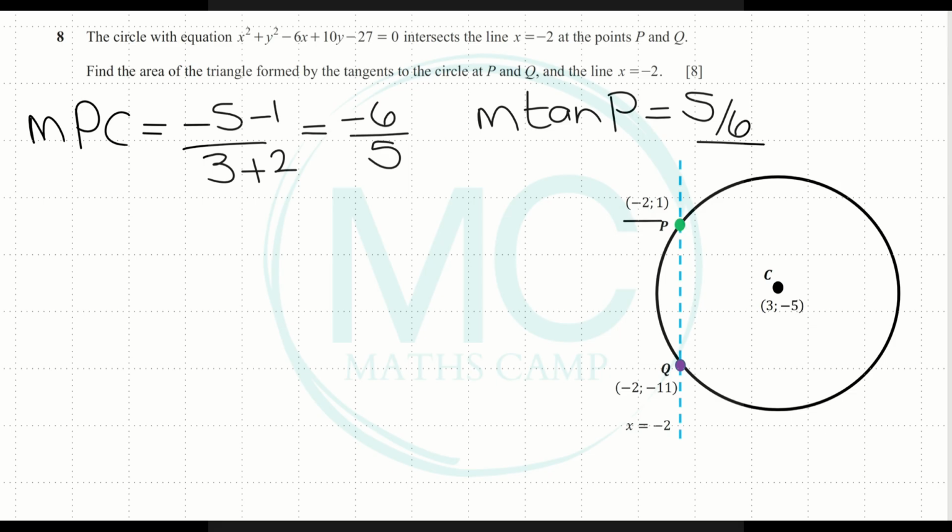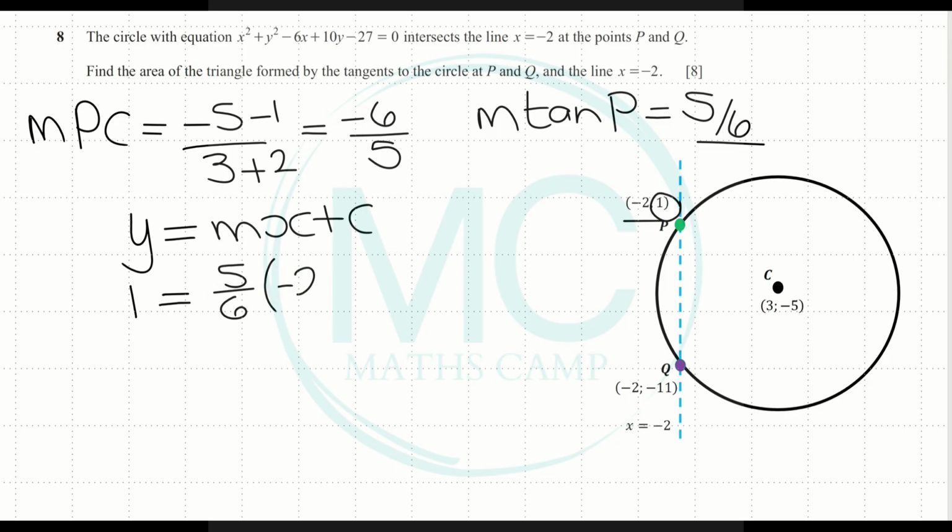So I can find the tangent using the equation for the straight line. y is equal to mx plus c. My y coordinate is 1, so I can say 1 is equal to m, 5 over 6, multiplied by x, negative 2, plus c.